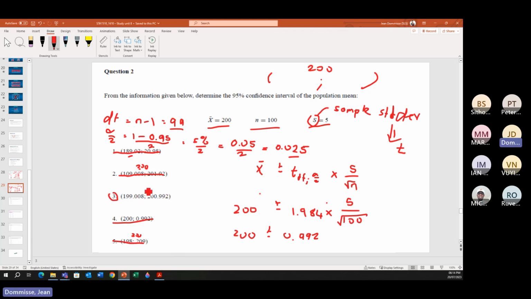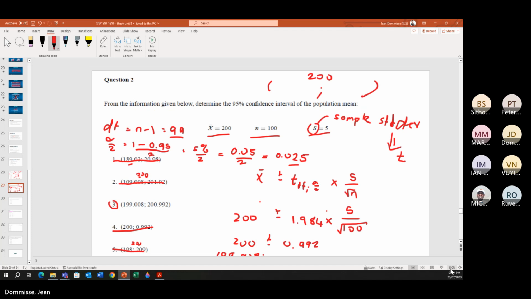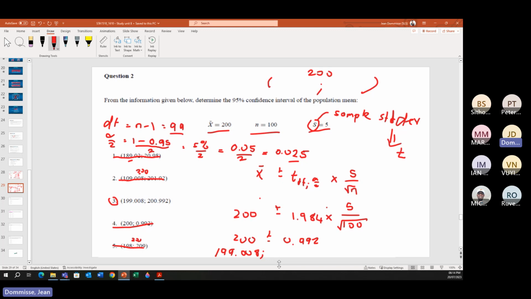So again, just saying that is correct. 200 minus 0.992 would have given us 199.008, and then 200 plus that would have given us 200.992.